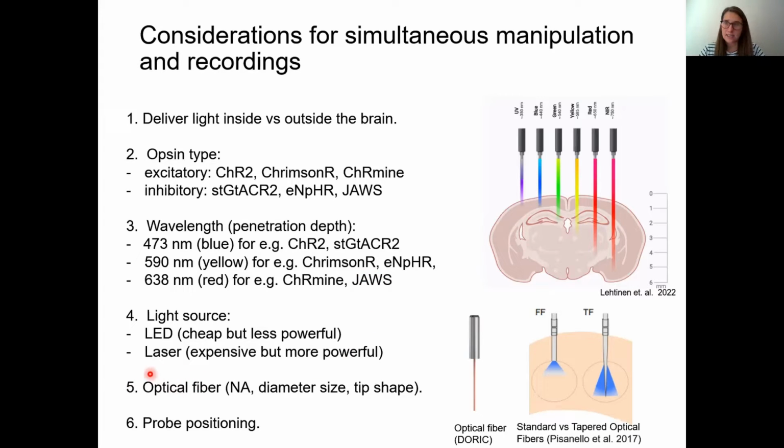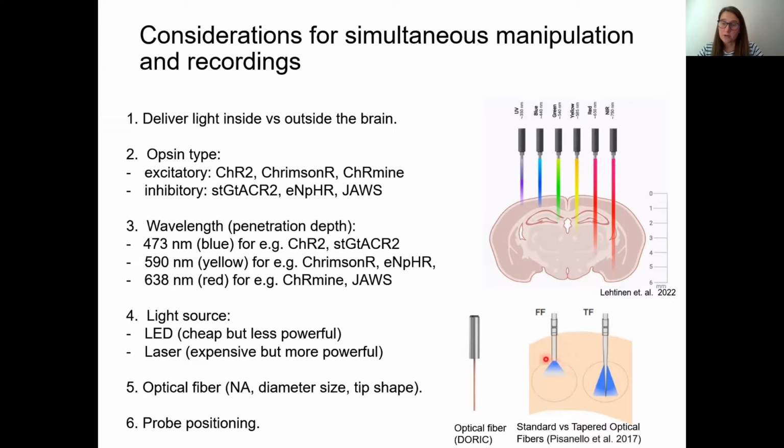And the almost last important parameter to think about is choosing the optical fiber. What is important here is the numerical aperture, diameter size, and tip shape. All of these parameters will determine how the light will be scattered in the tissue and how big an area you can manipulate. I will focus now only on a discussion of tip shape. Here you have an example of a flat fiber versus a tapered fiber.